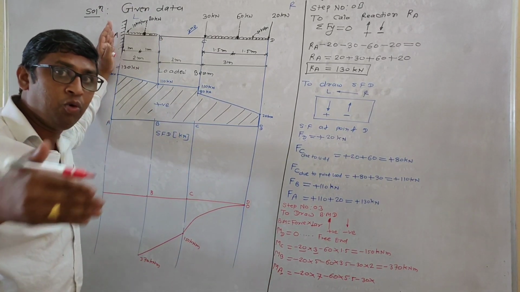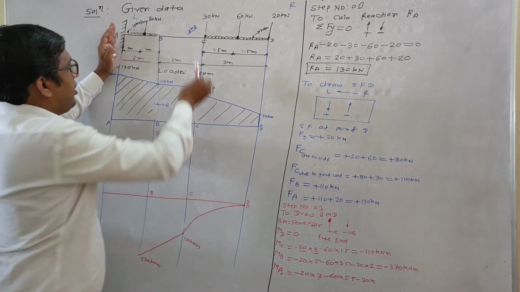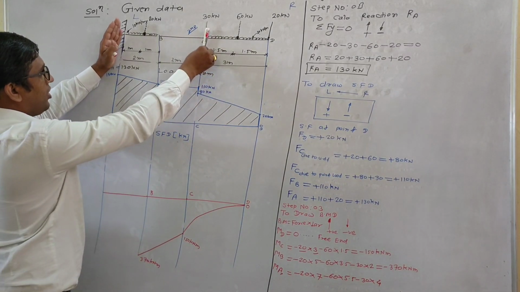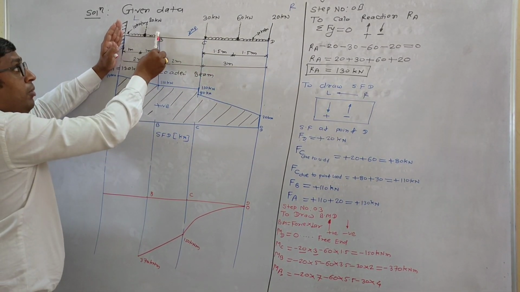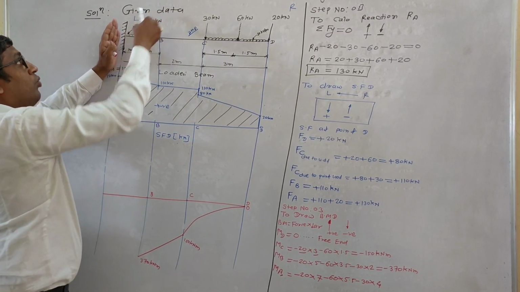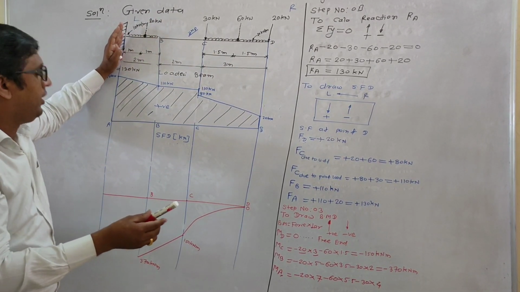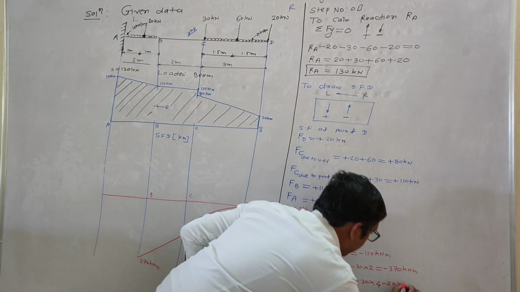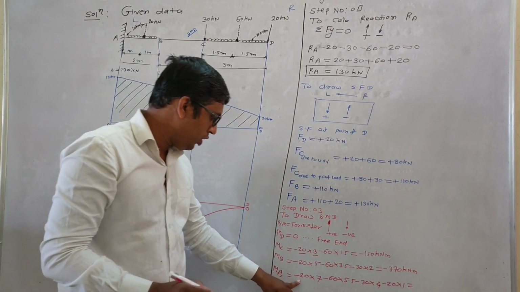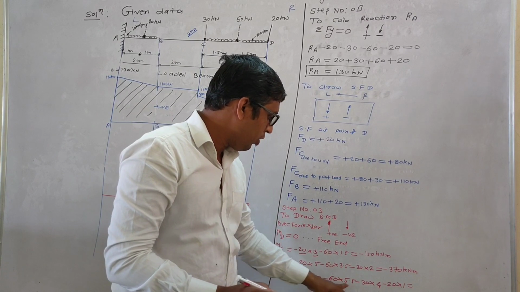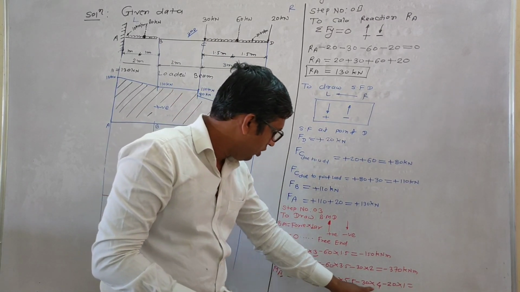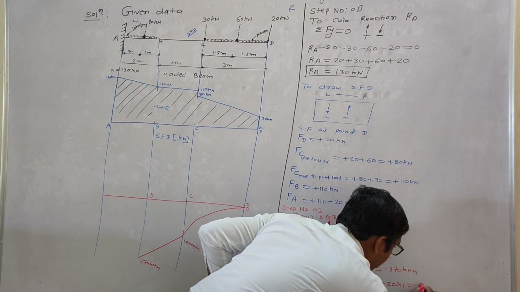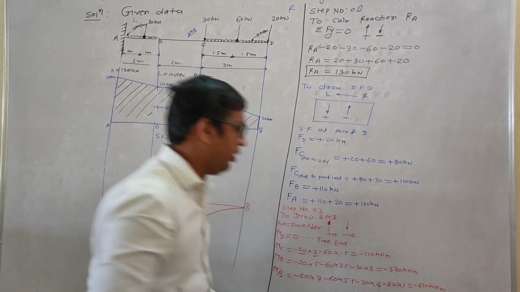Because we are finding the moment about point A. This is minus 30 into distance 4. The next force is there. At B there is no force, but in between the A and B span there is one force. Minus 20 into 1 meter. You do the calculations: minus 20 into 7, minus 60 into 5.5, minus 30 into 4, minus 20 into 1. You get minus 610 kilonewton meter.